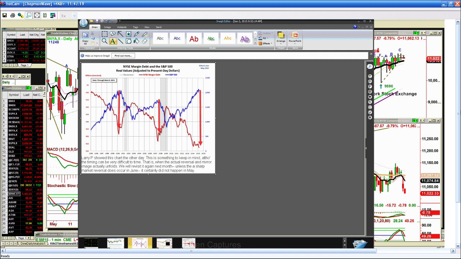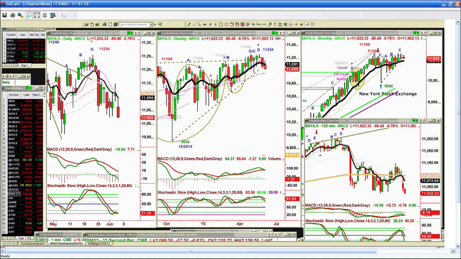I happen to think that the reversal at this point, using up so much time, is going to be quite sharp, but I'm of the opinion that we have not seen the major top in this market. It is going to come. It's going to come when we least expect it. It's going to come when California and all these states and cities have decided that the $15 minimum wage is the rule.